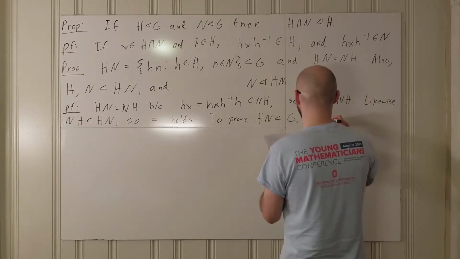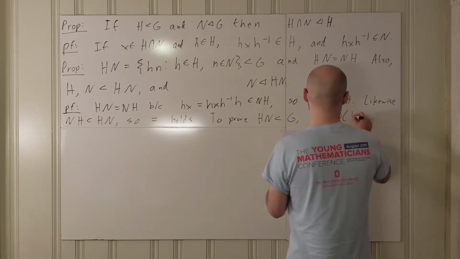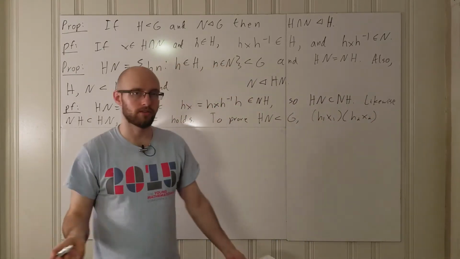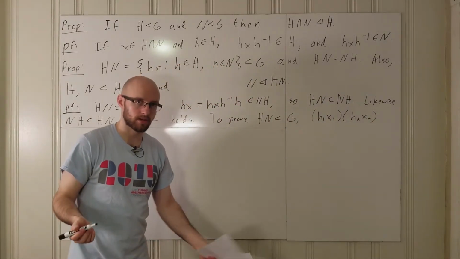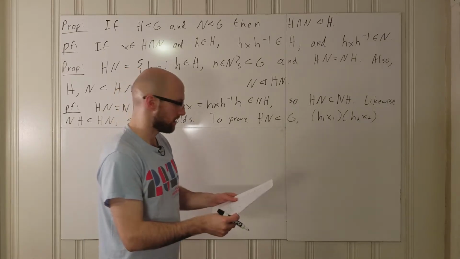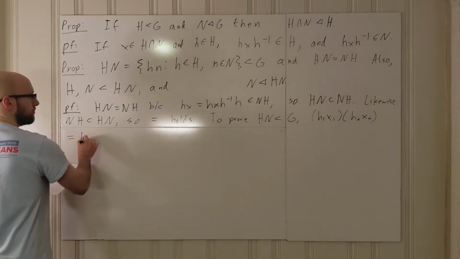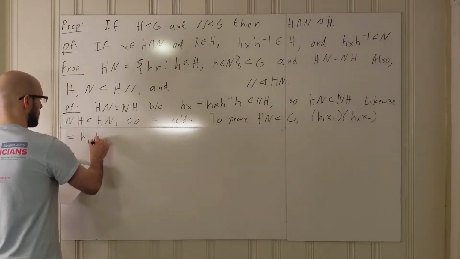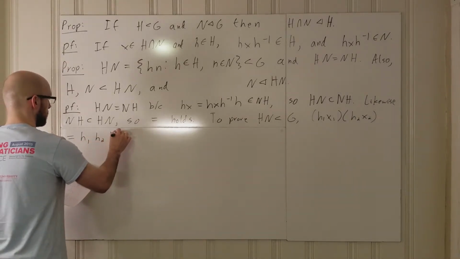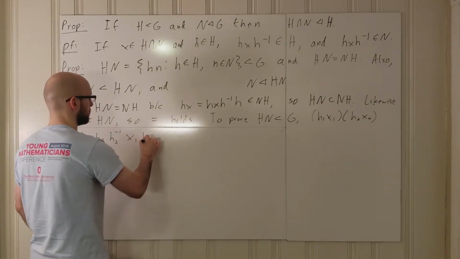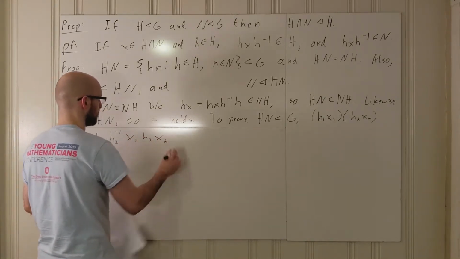If we take h1x1 and we multiply h2x2, where of course h1 and h2 are elements of H and x1 and x2 are elements of N, then we write this out as h1, and then h2 h2 inverse, and then x1 h2 x2.